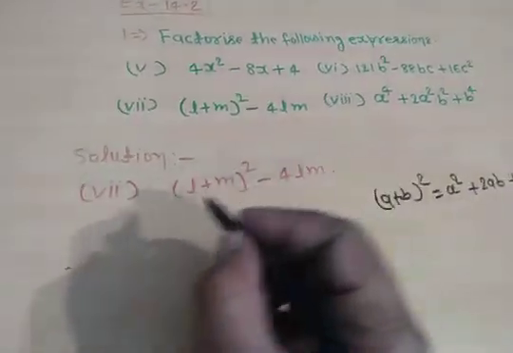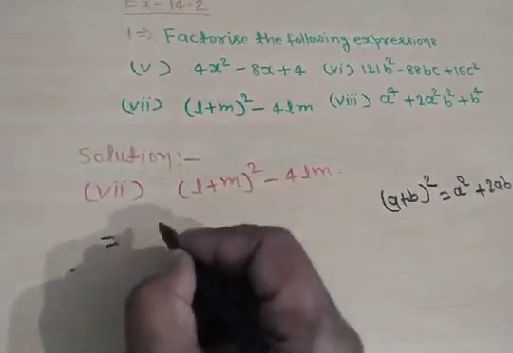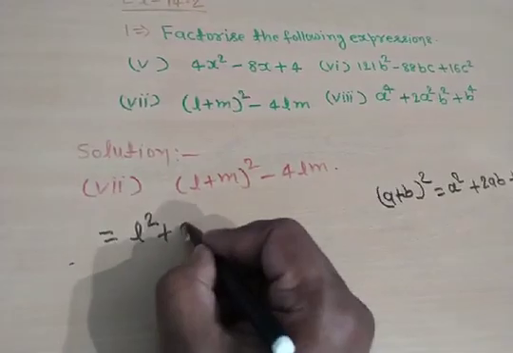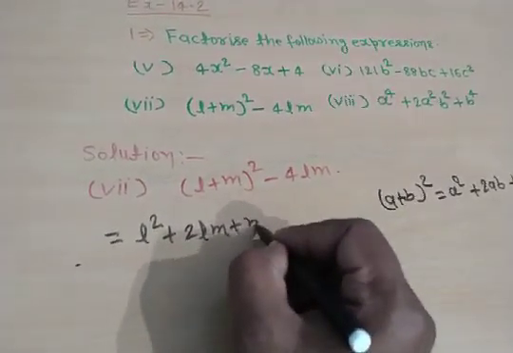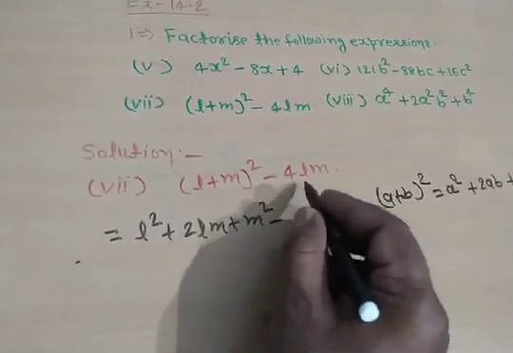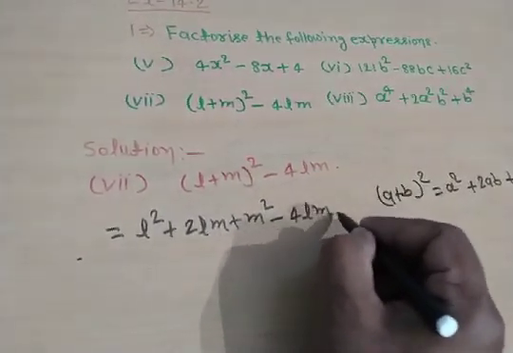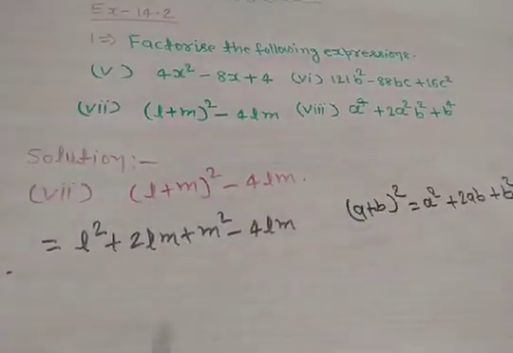Clear? So here we use L square plus 2LM plus M square, and 4LM minus 4LM we write as it is. Okay.